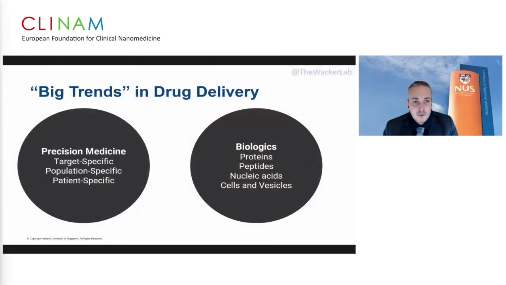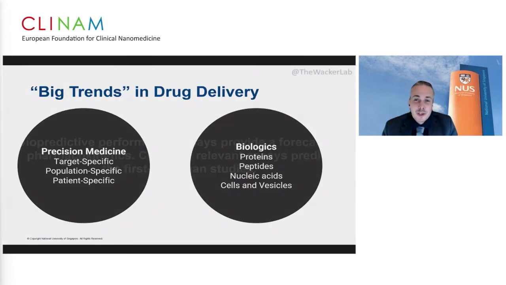Of course, we have today more precision medicine, which means that we try to become more target-specific, population-specific, and patient-specific. But also in the drug manufacturing area, there have been a lot of changes, which affects also our drug delivery systems. And that also affects how we make predictions of clinical trials. And that is the topic that I'm going to talk about today.